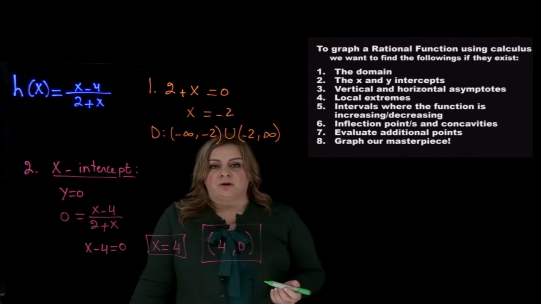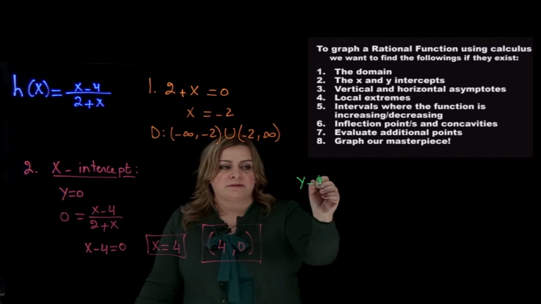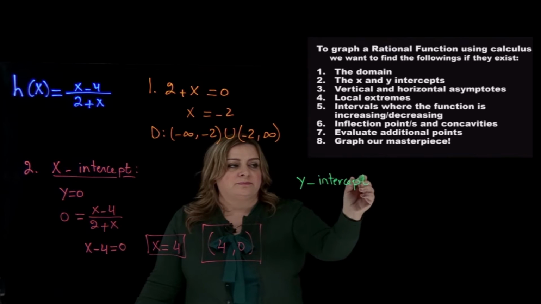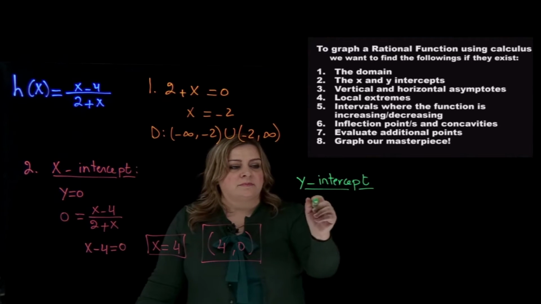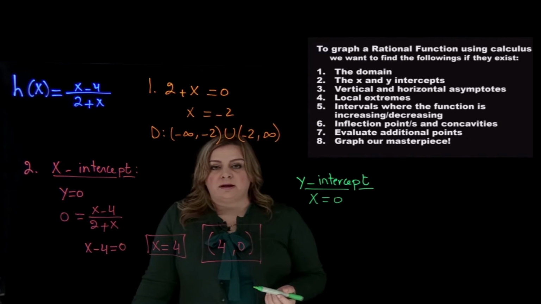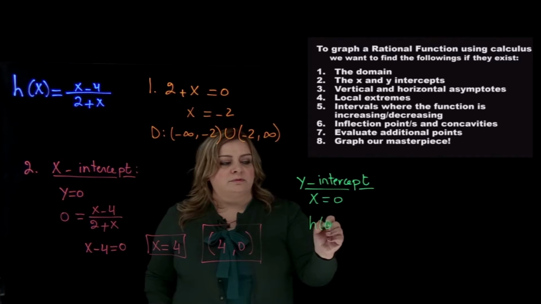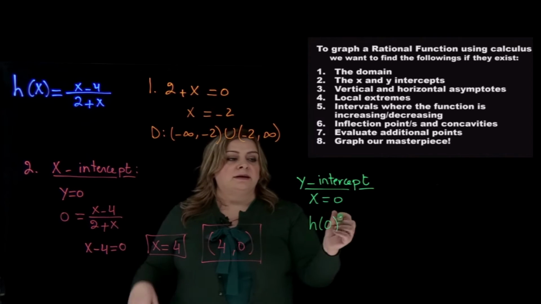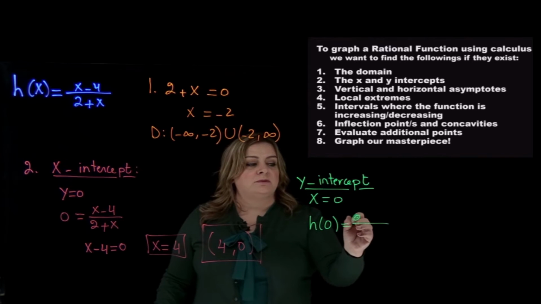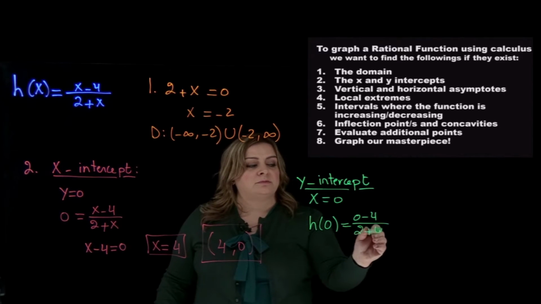I now look for the y-intercept, and the y-intercept happens when x is 0. So I let x equal 0, and now I want to evaluate h of 0. So the original function h at x equals 0 will be 0 minus 4 over 2 plus 0.